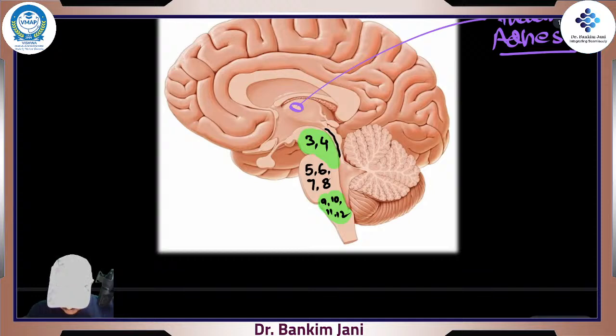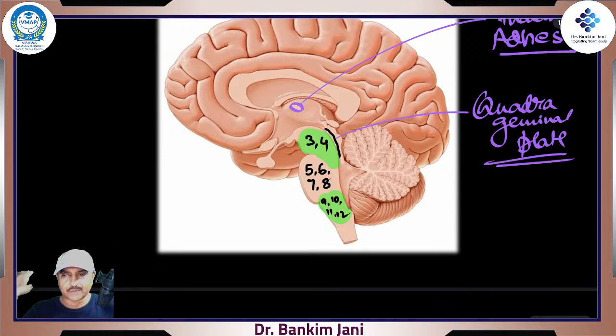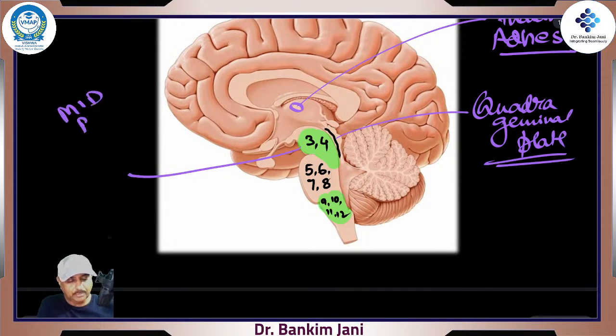And over here, what was that? That was the quadrigeminal plate. Superior colliculus, inferior colliculus, right? That's how it takes care of auditory and visual reflexes. So over here, this is the midbrain.